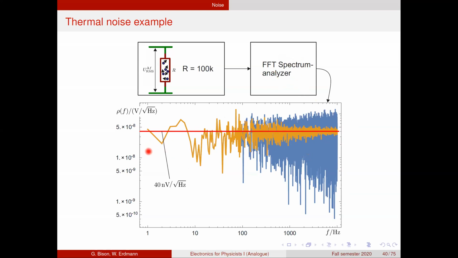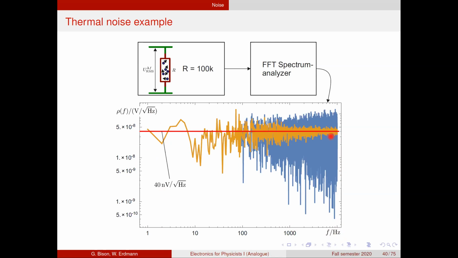And in this case, we have a resolution bandwidth of maybe a hertz. So we get a value for 1, we get a value for 2, we get a value for 3. So we can see the individual values here at the low frequency end. At the high frequency end, I mean, here we have 1,000 and here we have 10,000.